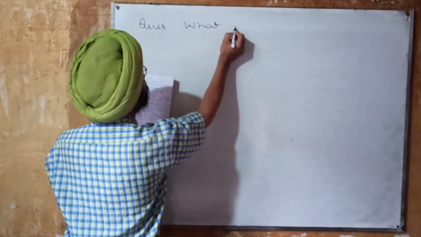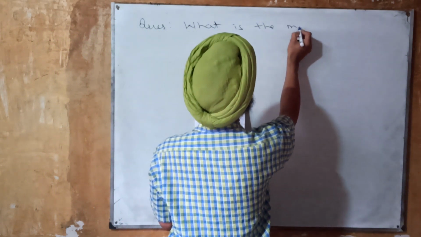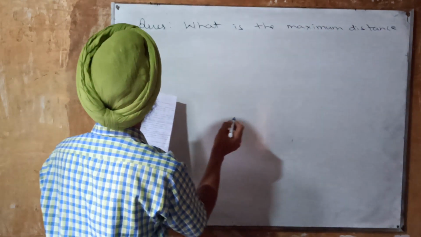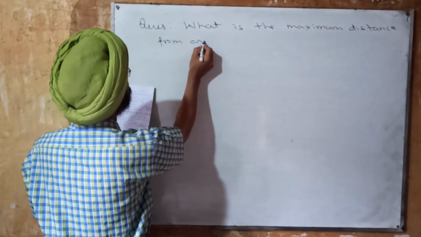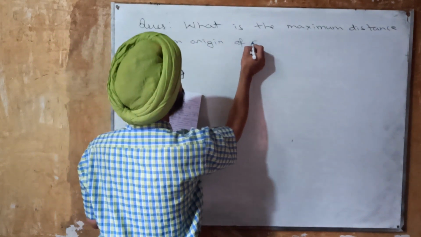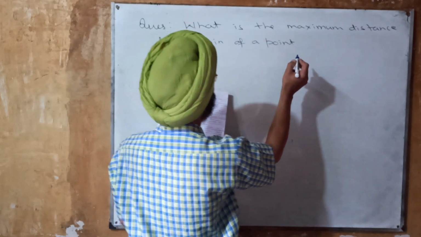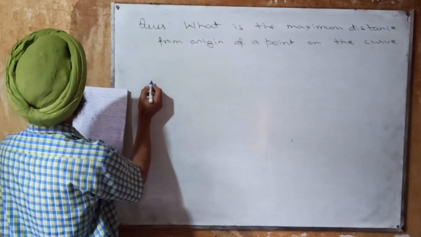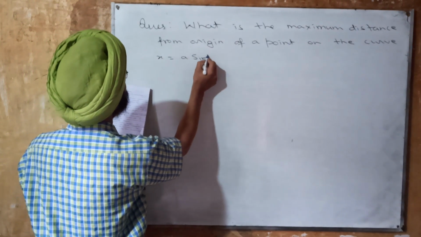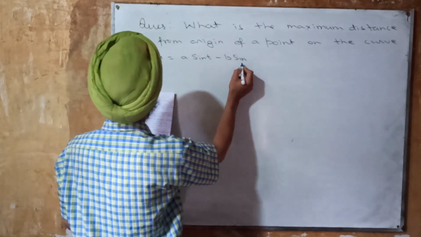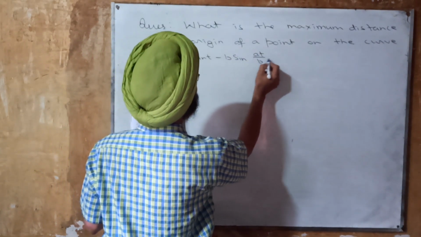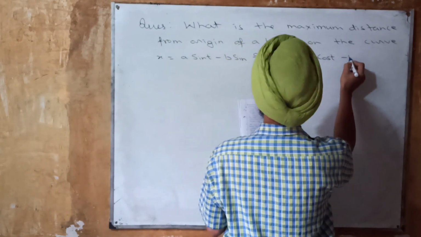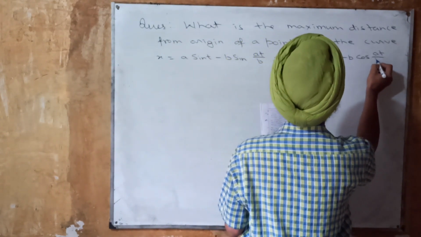What is the maximum distance from the origin of a point on the curve given in parametric form as x is equal to (a sin t minus b sin at) upon b, and y is given as (a cos t minus b cos at) upon b.